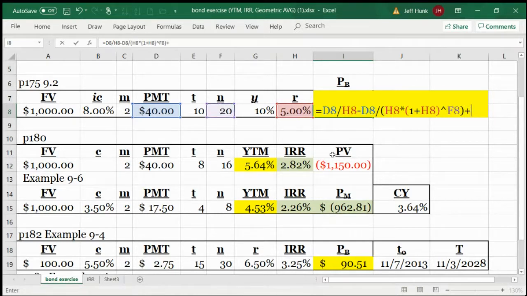And then we need to find the present value of this face value, $1,000 face value, or maturity value, or par value, right?